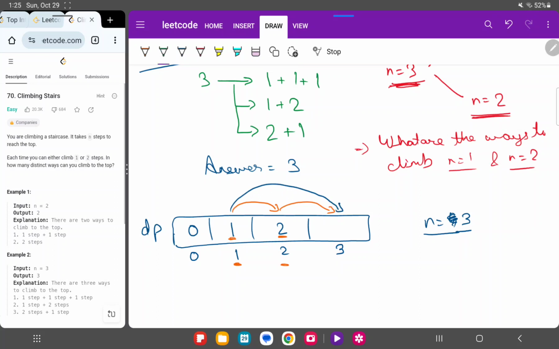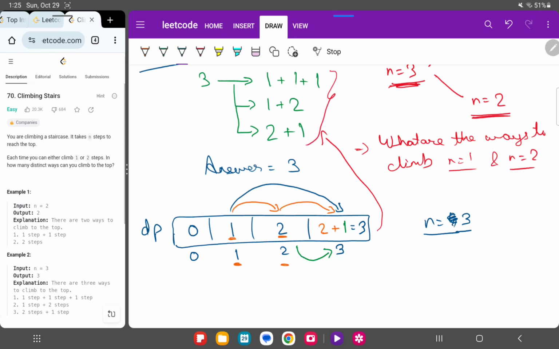What are the ways to get from n equals 2? This is this directly. So what is the answer? The answer is essentially 2, which is the number of ways from 1, and 1, which is the number of ways from n equals 2, which totals up to n equals 3, which we can verify from here. This can be easily verified from here. We have 3 ways to do that.